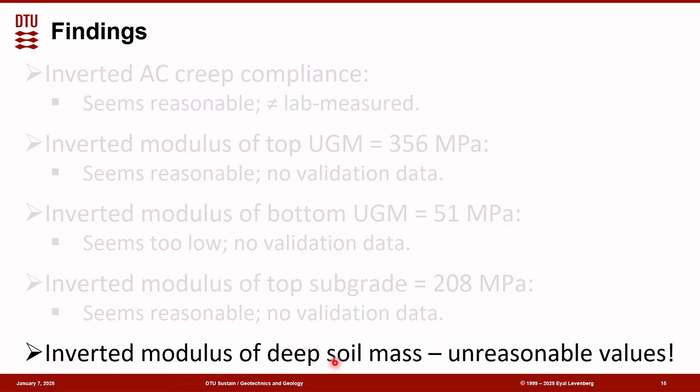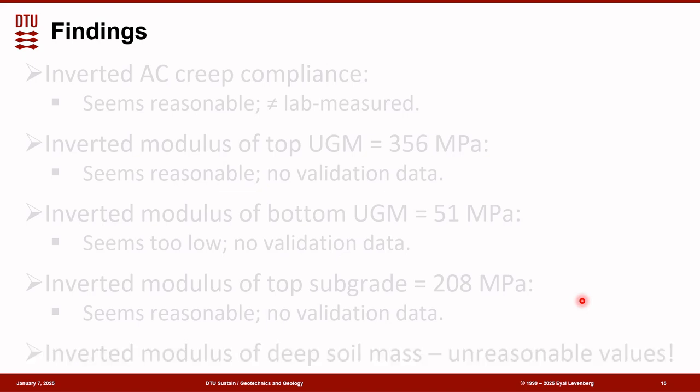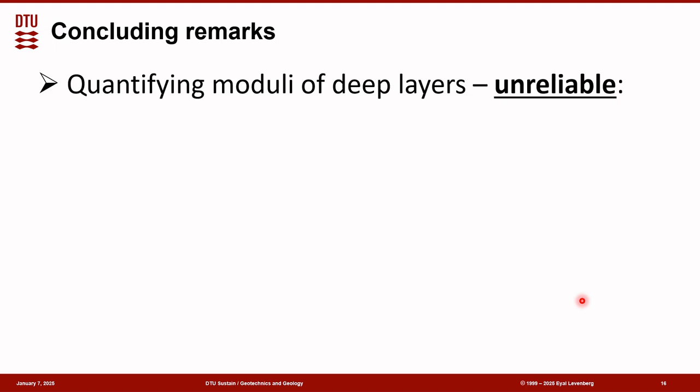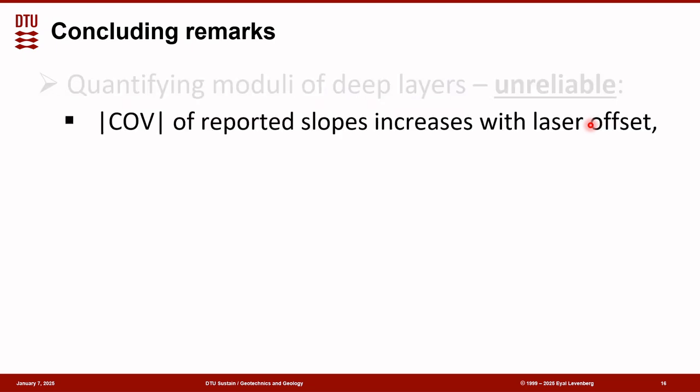The inverted modulus of the deep soil mass, the semi-infinite part, gave unreasonably high values, and it was just impossible to get something consistent or meaningful. So just to conclude, quantifying the moduli of deep layers, so far as we can see, is unreliable.